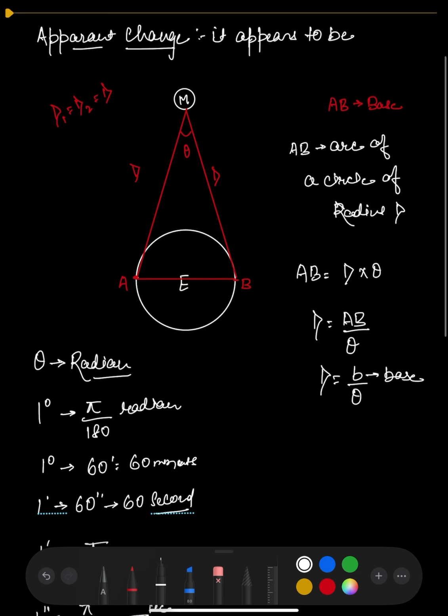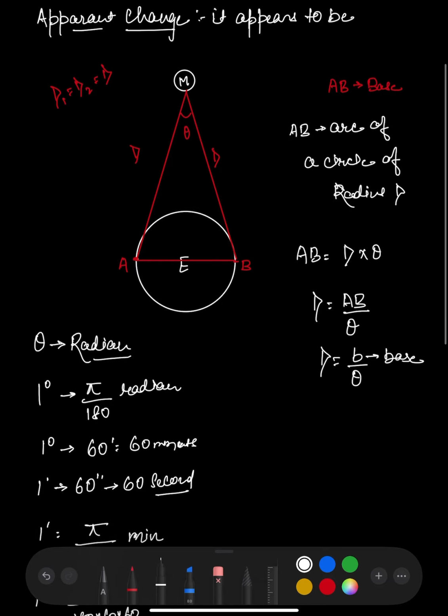So here you are calculating the distance between Earth and Moon. You can see that the larger the distance, the smaller the theta will be.